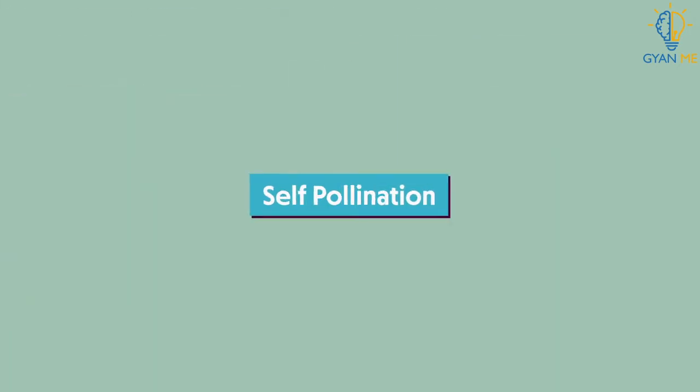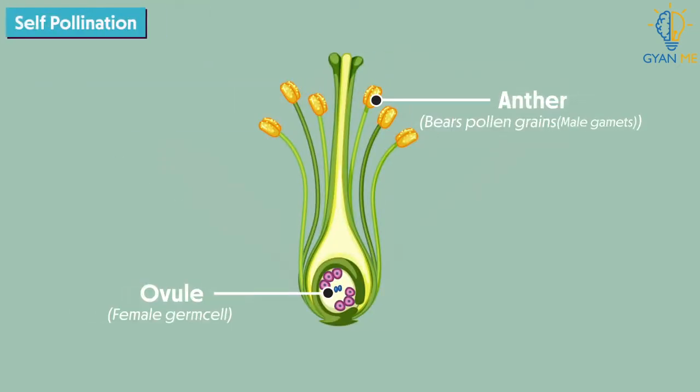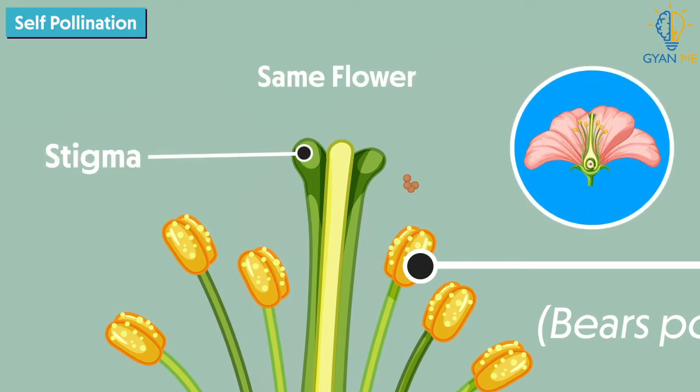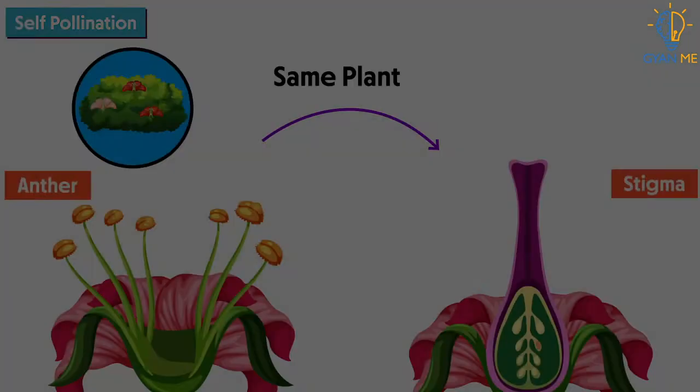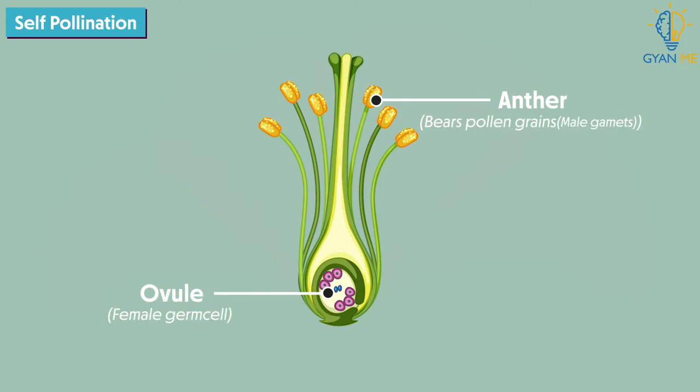Let's understand self-pollination first. Self-pollination occurs when pollen from one flower pollinates the ovule of the same flower or other flowers but of the same plant. Observe here for this plant.